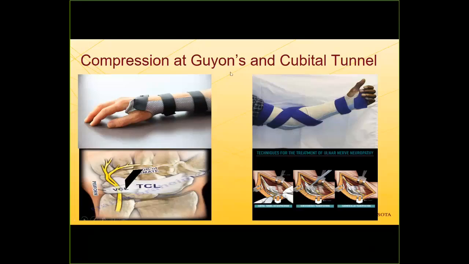What a surgeon might do, if this gets to be a bad problem, is they might actually just take the nerve out of the cubital tunnel and transpose it. This is called a transposition, where they cut some of the flexor muscles away from their origin, put the nerve underneath them, and then reattach the muscle to the tendon.